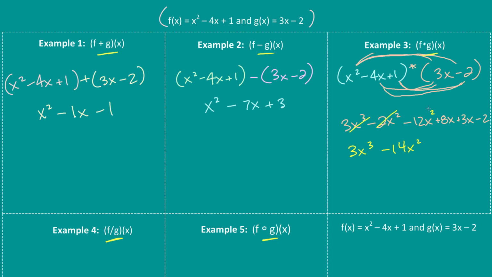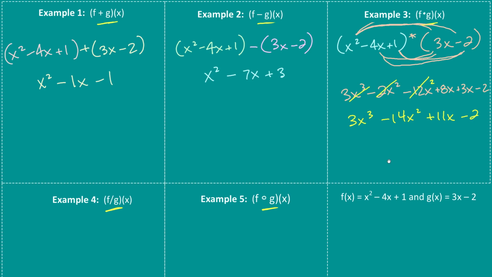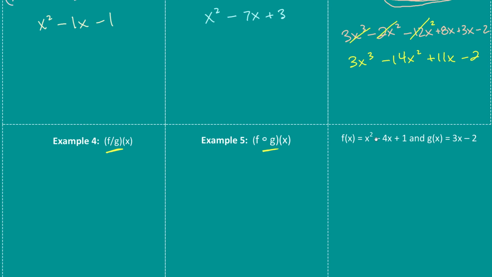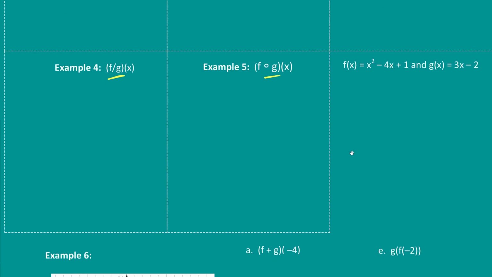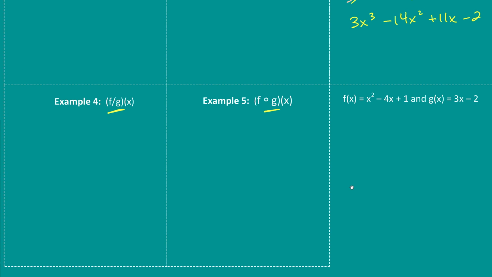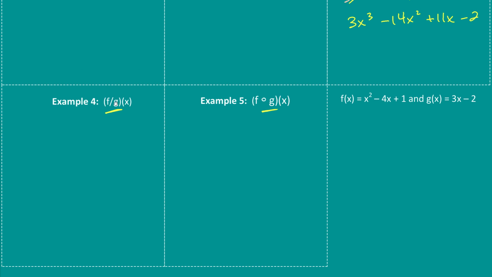So the 8x and the 3x combine to be 11x. And the last ones combine to become minus 2. Okay, so we're just combining like terms. Let's go down. We still have the function there just so we can see it all.